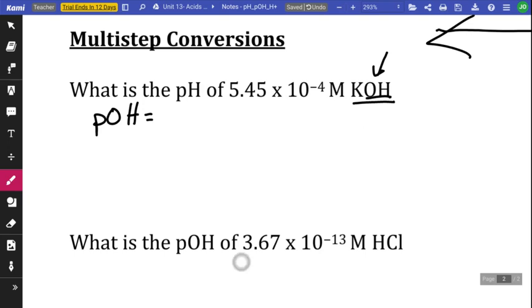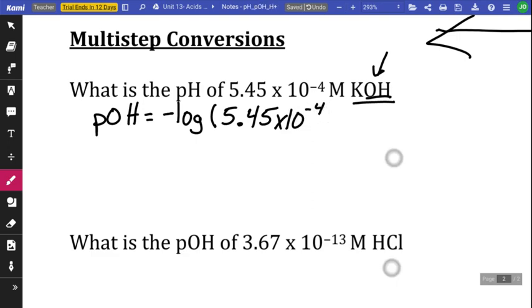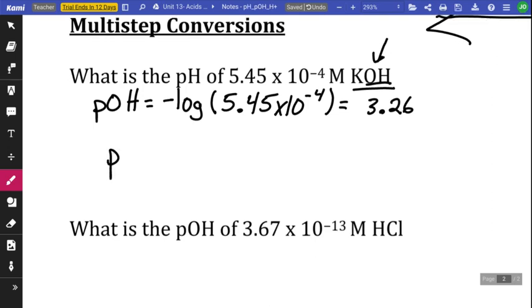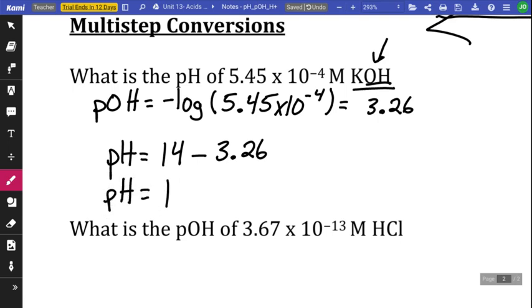My pOH, my power of hydroxide, is negative log of 5.45 times 10 to the negative 4. I'm going to solve that, and that gives me 3.26. So my pOH is 3.26. I'm looking for my pH, and pH is equal to 14 minus my pOH. I found my pOH to be 3.26, so 14 minus 3.26 tells me that my pH is going to be 10.7.